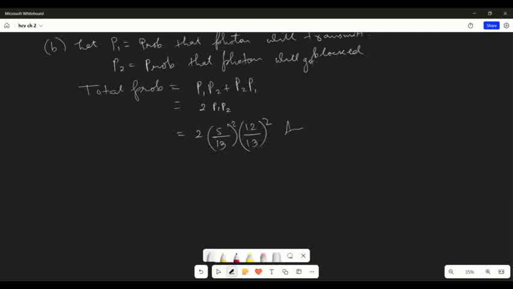So let's first find the probability that no photon gets transmitted.